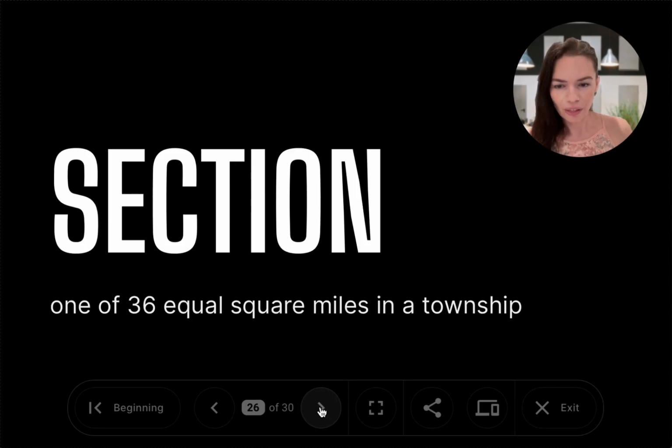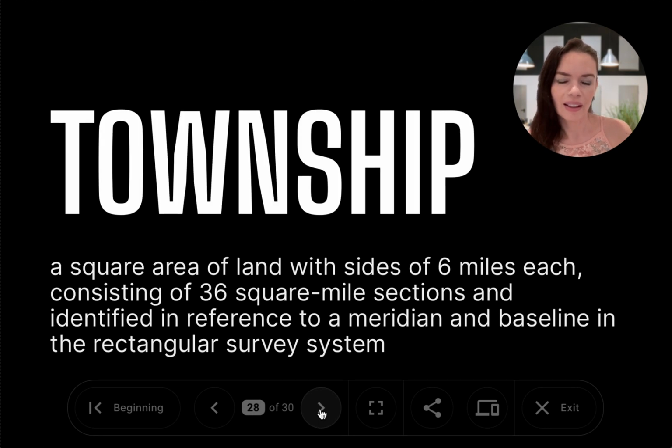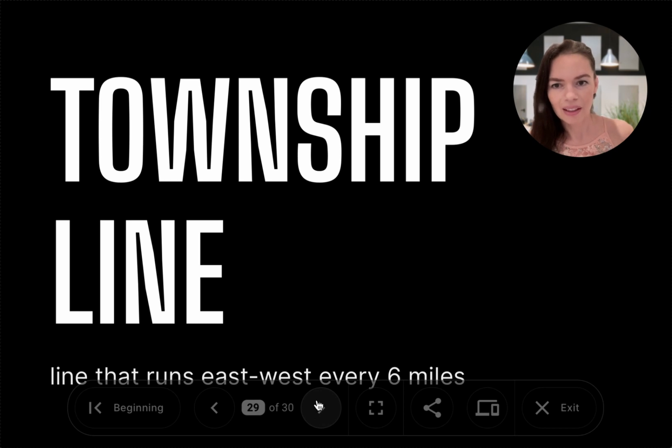Section. One of 36 equal square miles in a township. Tier. The area of land between two consecutive baselines. Township. A square area of land with sides of 6 miles each, consisting of 36 square-mile sections and identified in reference to a meridian and baseline in the rectangular survey system. Township line. Runs east-west every 6 miles.